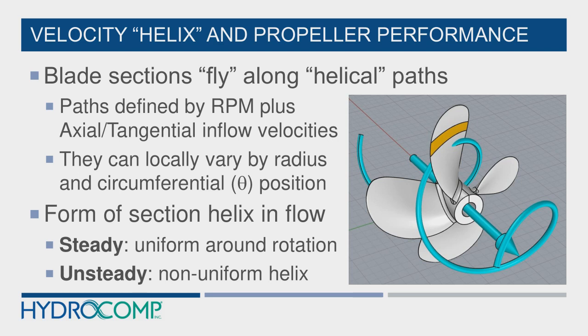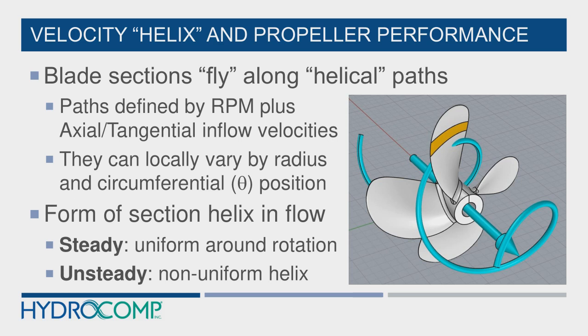Now, some key pieces of propeller performance that we need to talk about have to do with a velocity helix. Blade sections, like this little yellow-orange section here that represents that 80% radius position, fly along a helical path.